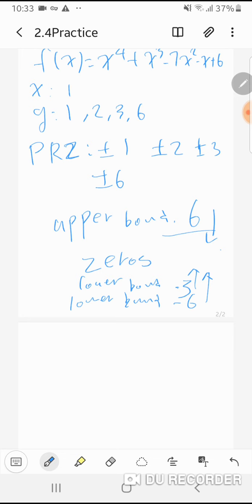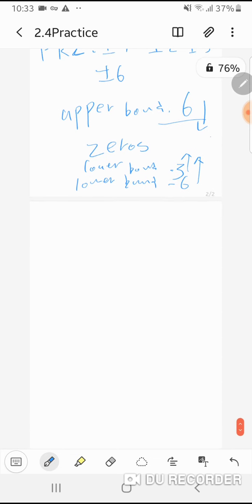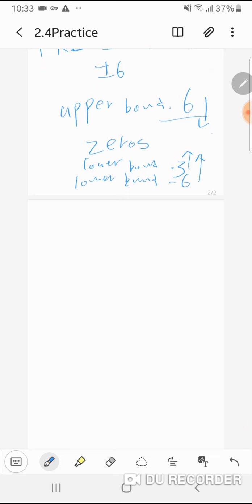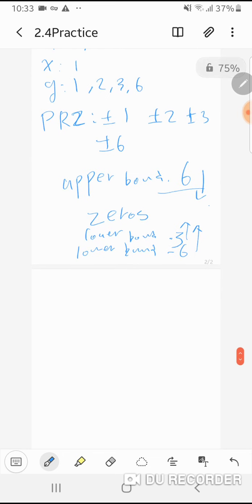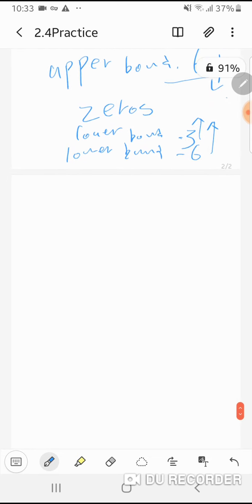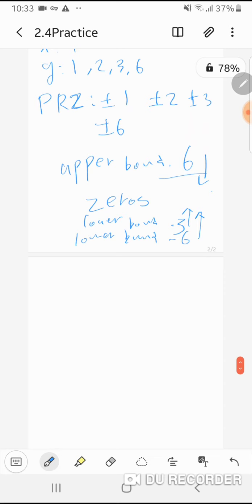Actually, if it didn't tell me to, I wouldn't use it, but I would just use an online calculator because that's way easier. But if it tells us to do it, and we don't want to use an online calculator, we can just solve it using the upper bound and lower bound and the possible rational zeros. Okay, I'll just write it here so that I can use the new page.